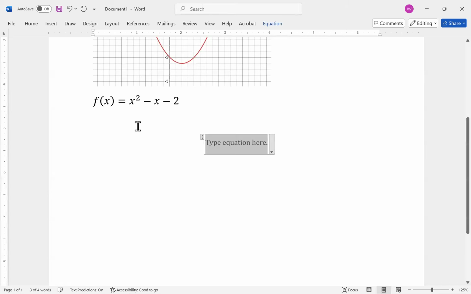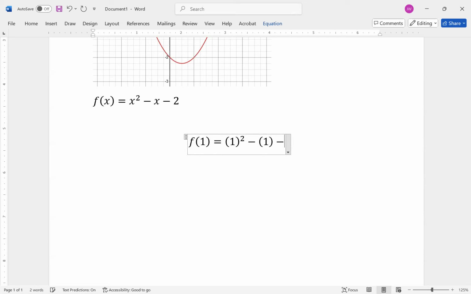In this case, it didn't specify what values of x to plug in, so it doesn't really matter what values of x I plug in. Let's say I plug in the number 1. I would get 1 squared minus 1 minus 2, which is -2.